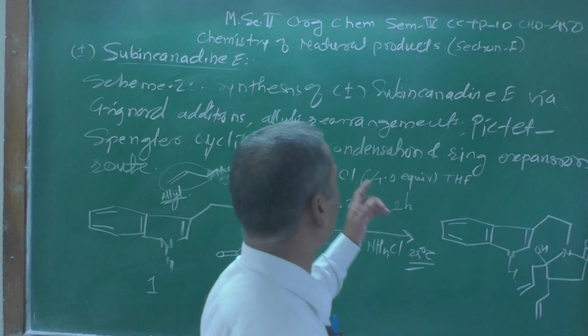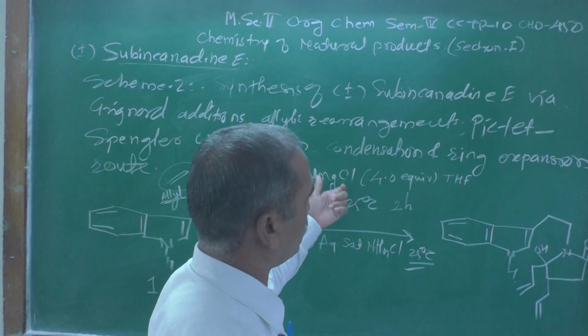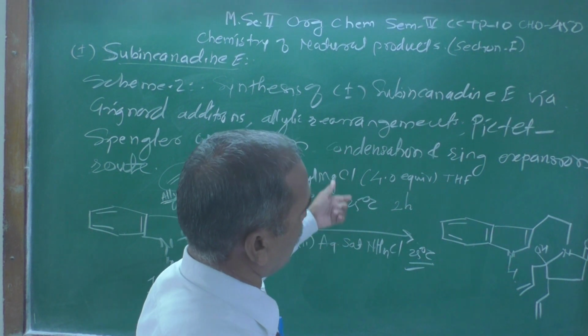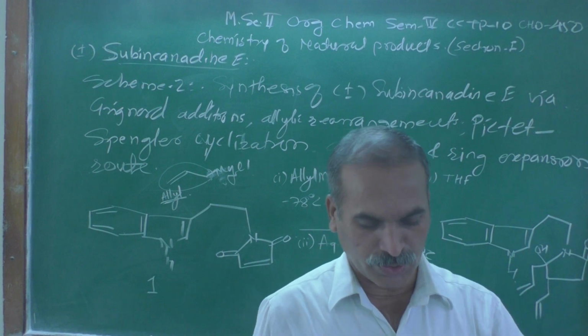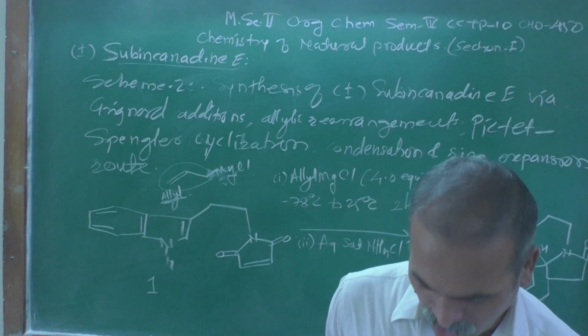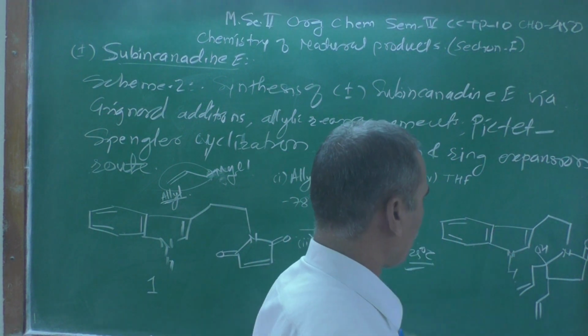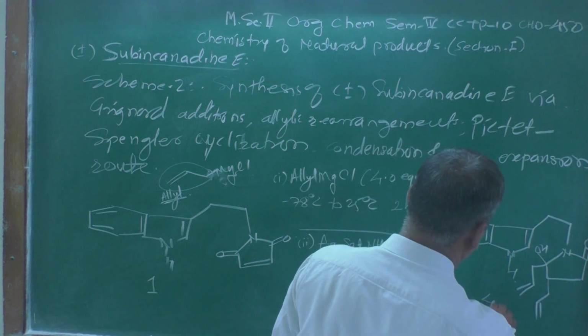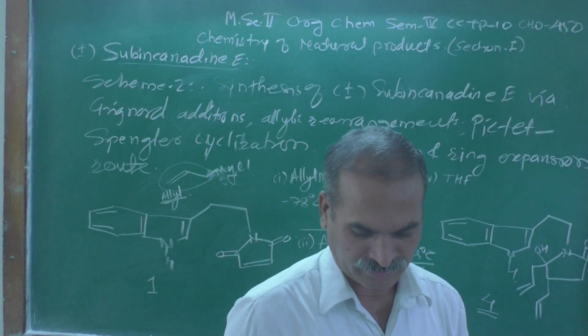Two allylic groups, because 4 equivalents were taken and out of that 2 allyl groups are introduced, and the product obtained is this one, which we can number 4.